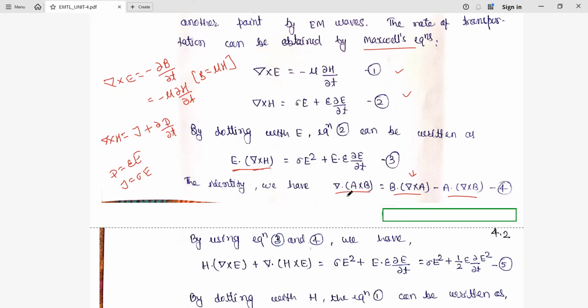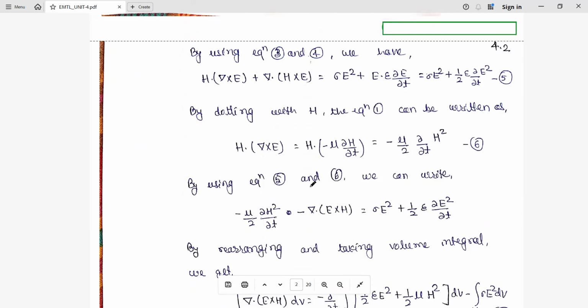So in place of A we have H, in place of B we have E. So we are able to write this equation 3, with the help of equation 4, in this format. Finally LHS is going to become H dot del cross E plus del dot H cross E, and RHS will remain the same as in equation 3, sigma E square plus E epsilon dou E by dou T.